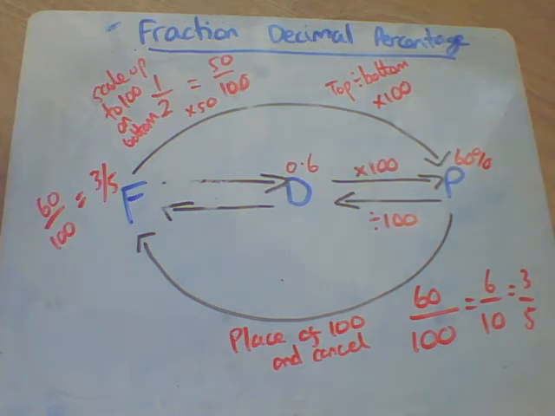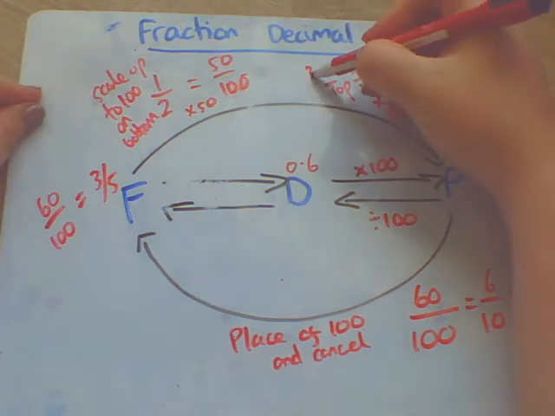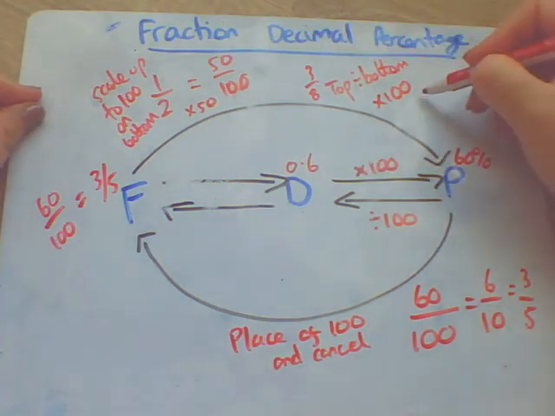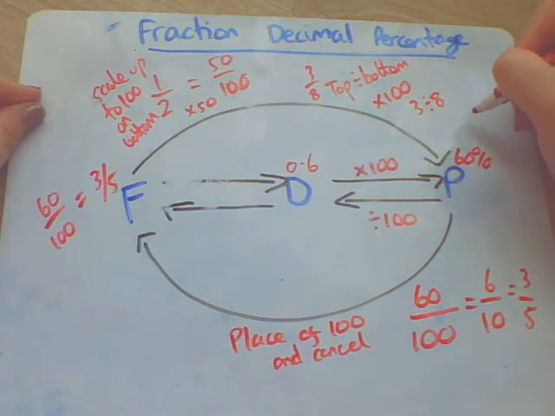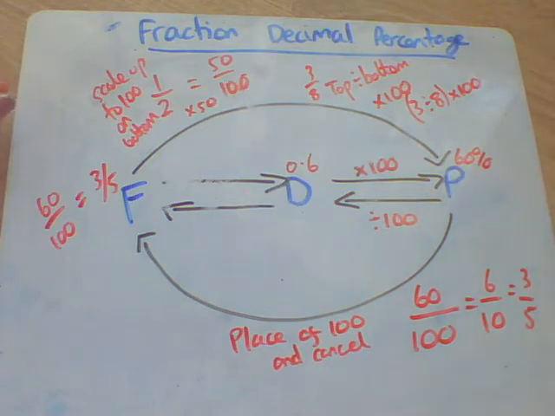So any number you can't scale up, if you had 8 as the denominator, let's take 3 over 8. I would do 3 divided by 8, and then multiply that by 100 in order to give me my value.